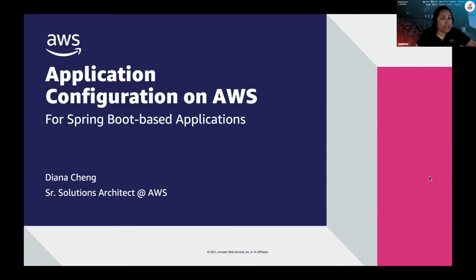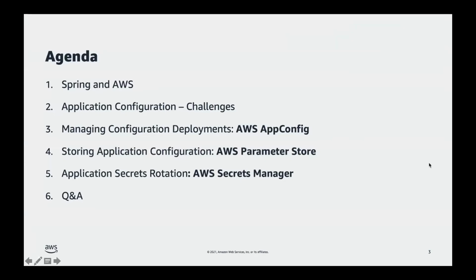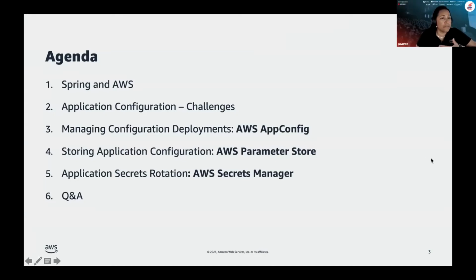But other than that, let me first give you a little bit of an introduction as to what we're going to discuss today. I've brought a number of topics, and first we're going to go into how we work with AWS in our Java and Spring applications.